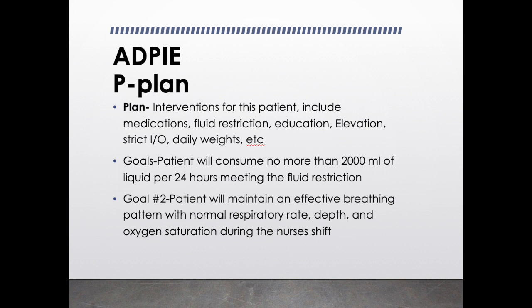Probably Lasix, furosemide, right? That's a very common medication to give someone who has fluid overload and has edema. It's going to pull that fluid not only from the body, but from the lungs as well, and help that patient breathe better. We're going to do strict I's and O's, daily weights. We're going to educate on maybe a low sodium diet, educate on the fluid intake, a bunch of things we can do as our interventions for this patient.